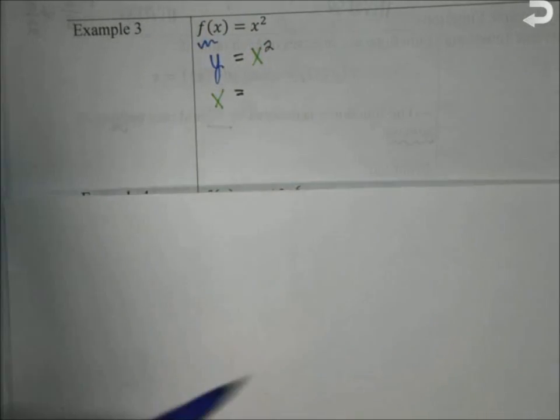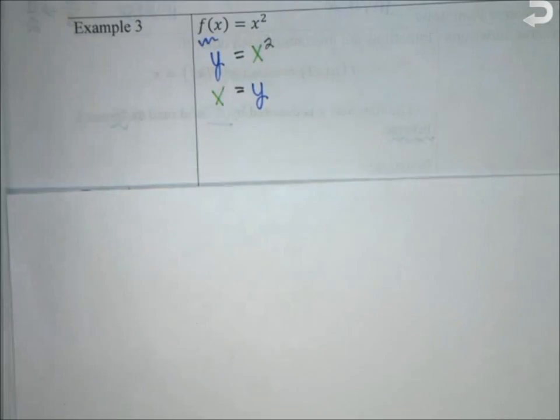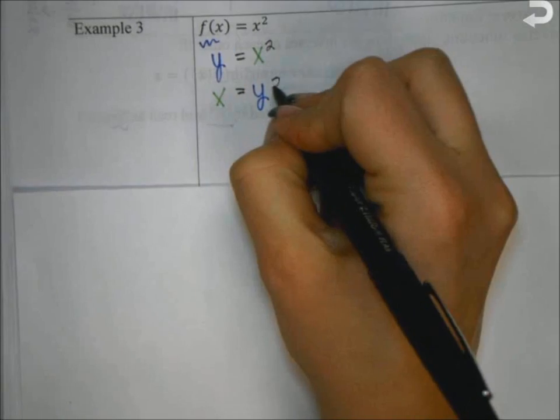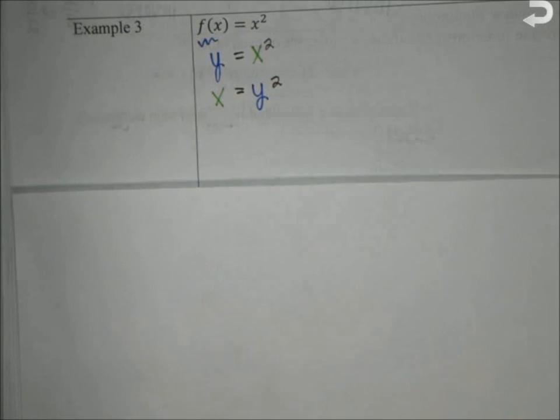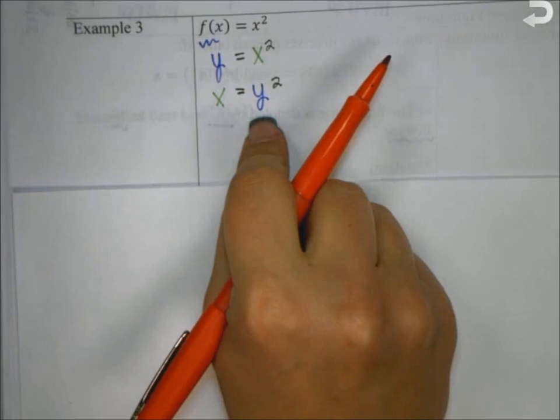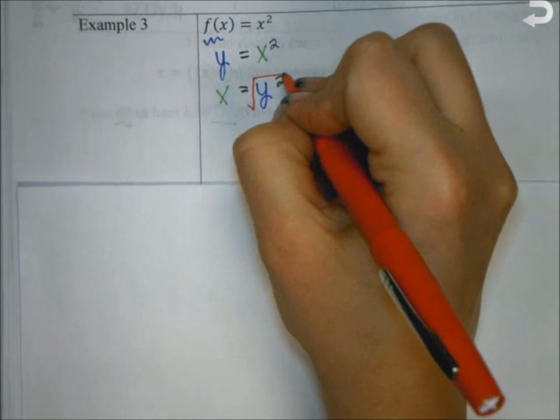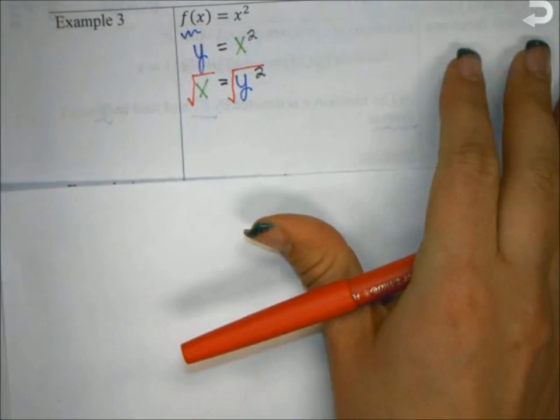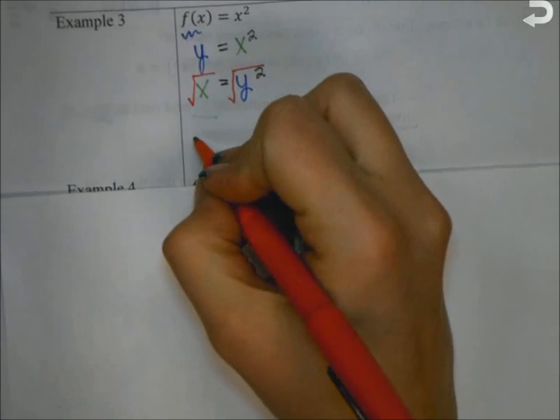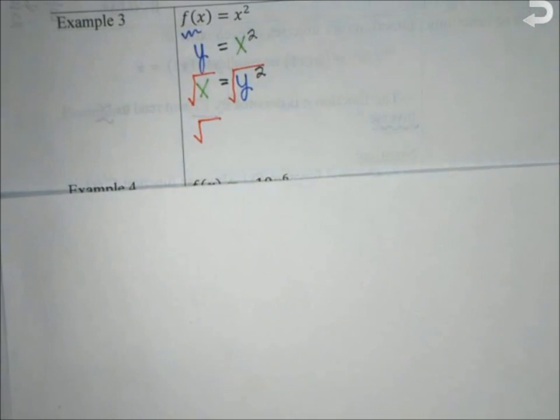And how do I solve for y here? How do I get rid of the square? Take the square root. So let's take the square root. So we actually get square root of x equals y.